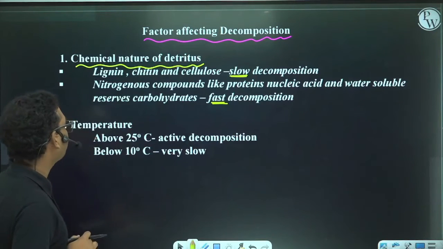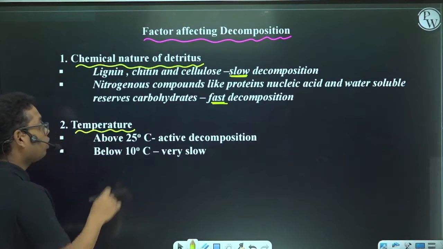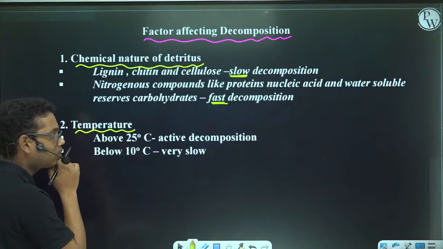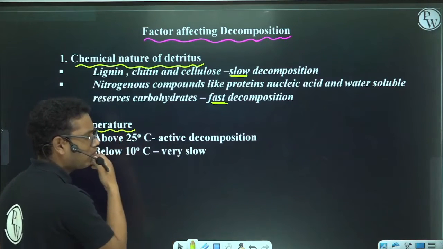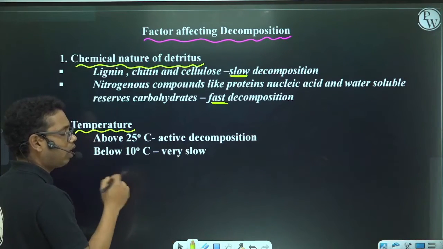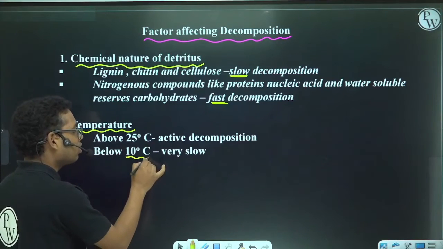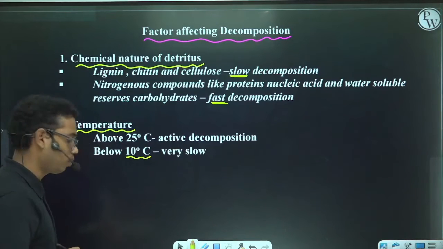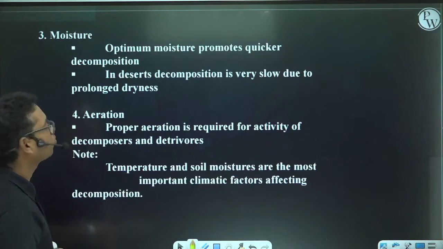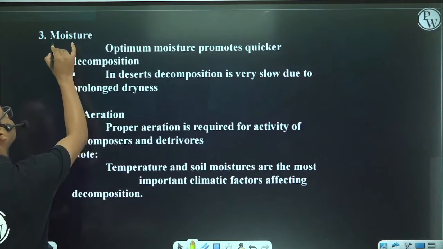That means the chemical nature of the detritus is determining the rate of decomposition. The second factor is the temperature. Above 25 degrees Celsius, the rate of decomposition is high, that means active decomposition will take place. And below 10 degrees Celsius, the decomposition will be very, very slow. The third factor which is going to affect the rate of decomposition is moisture.